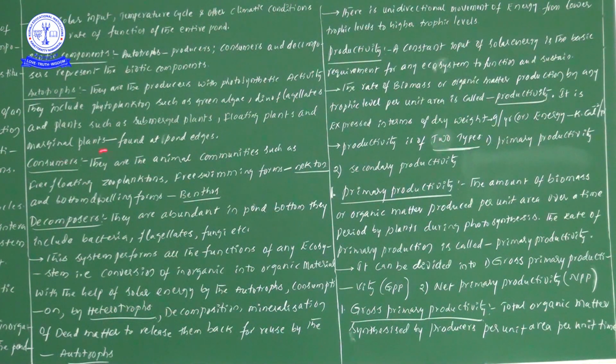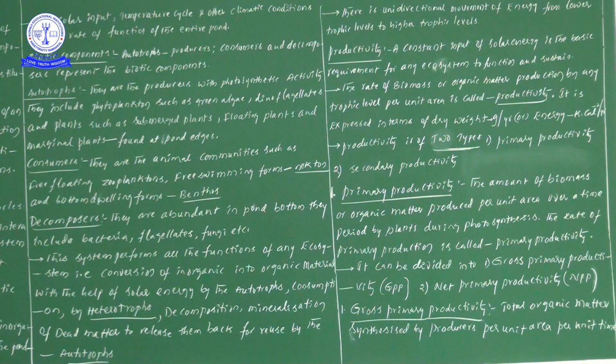Next, plants: submerged plants, free floating plants, and marginal plants. These marginal plants are found at pond edges.